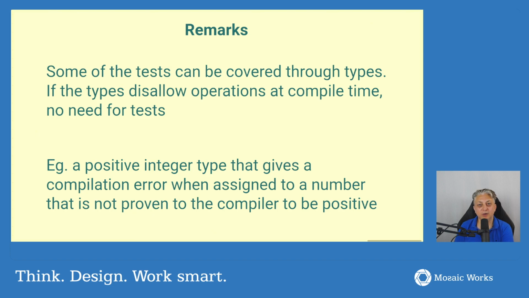Now there are two ways of defining this type. One way is it will give an error, a runtime exception, when you try to assign a non-positive number to it. And in this case, you still need tests. You need to test that this type works.